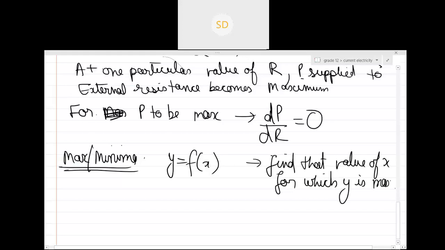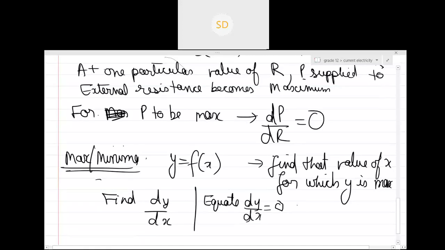You find dy by dx, equate it to 0 and solve. You will get the value of x for which y was maximum. Everyone remember this concept?